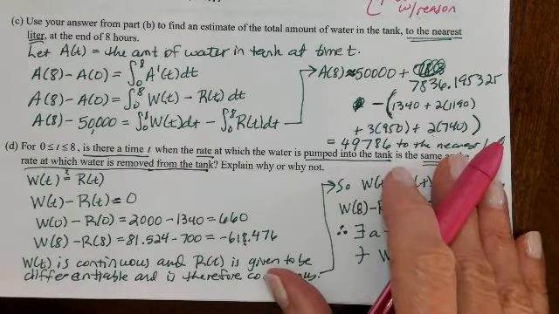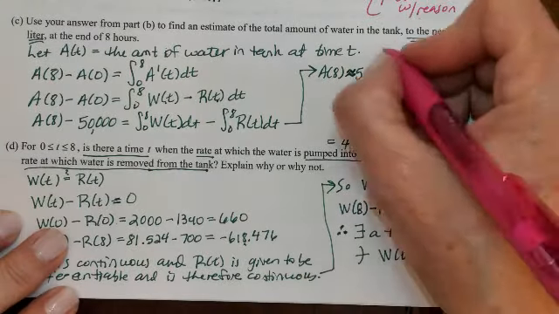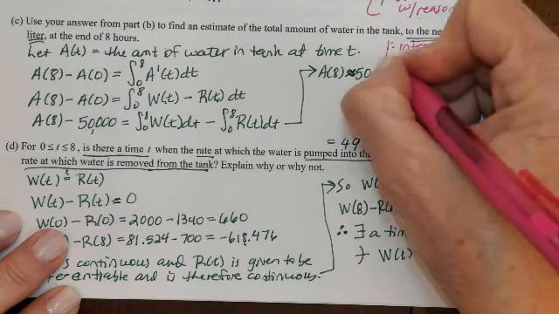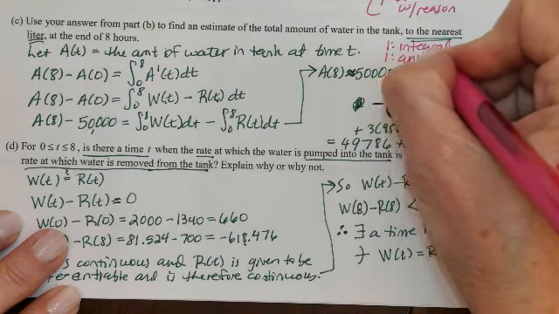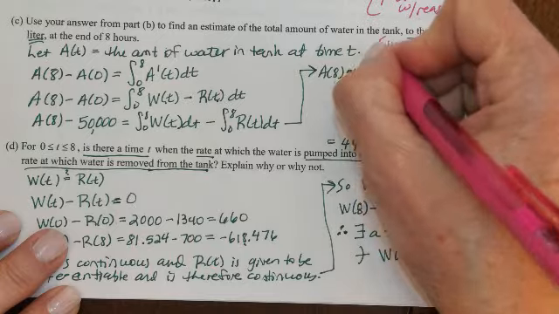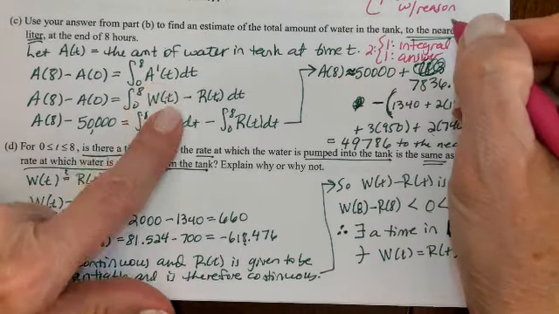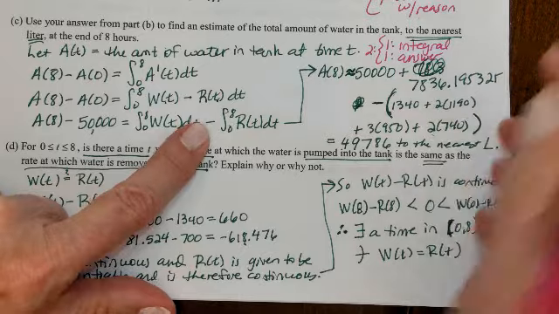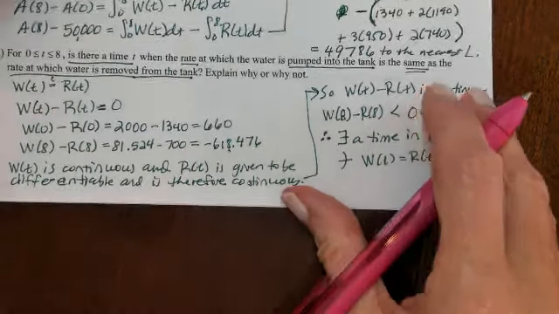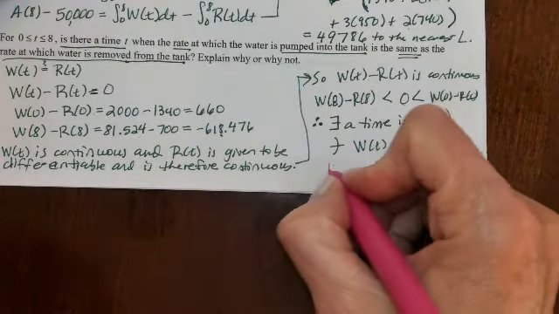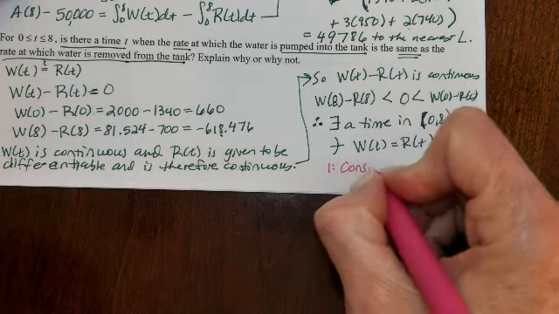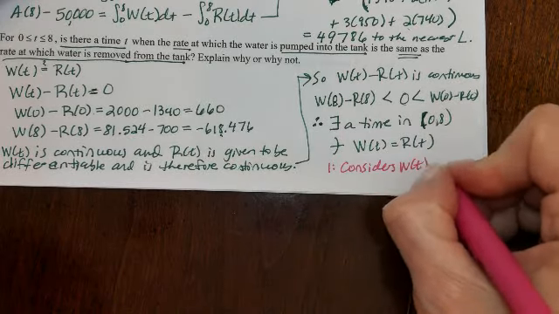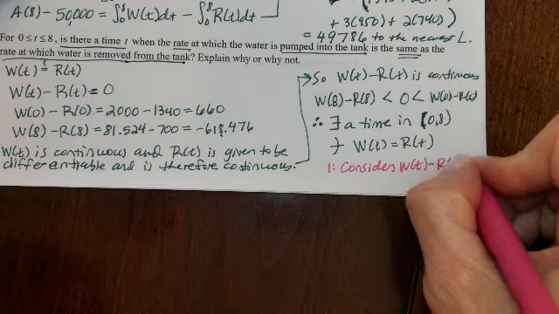And then the overestimate with reason. Okay, part C was worth 2 points. 1 point for the integral, 1 point for the answer. And then part D was worth 2 points. 1 point for considers w of t minus r of t.